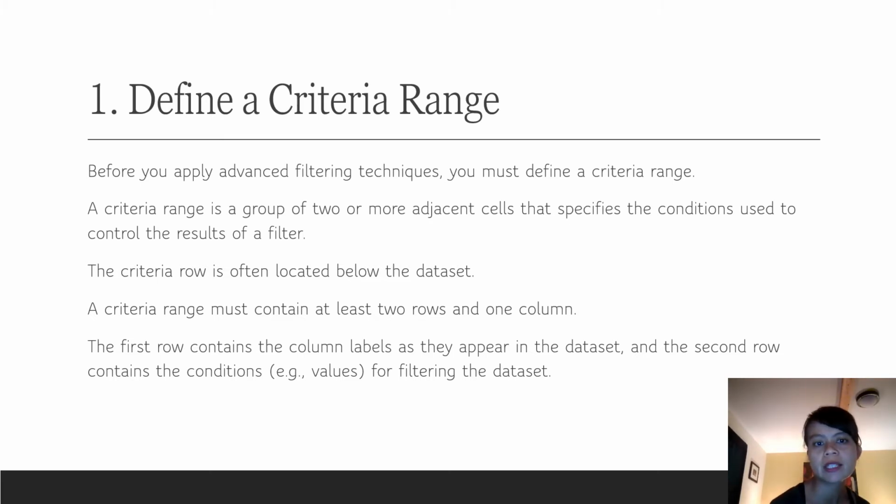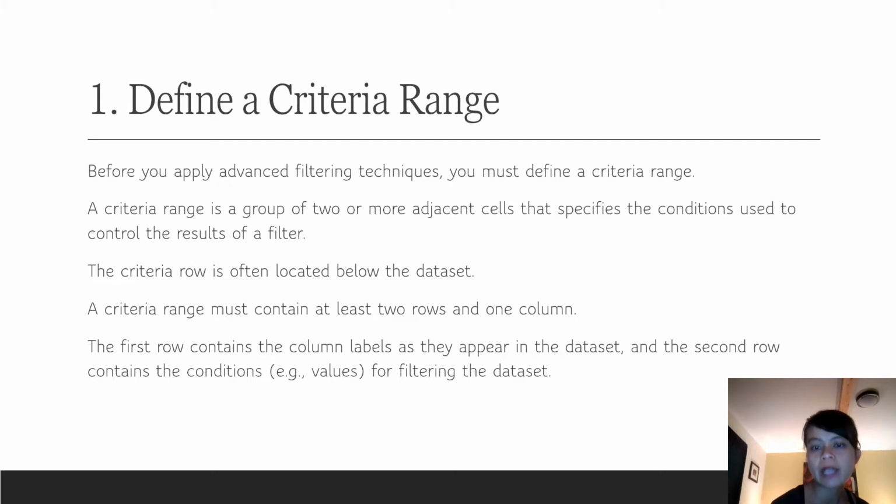So a criteria range is a group of 2 or more adjacent cells that specifies the conditions used to control the results of the filter. So it's a criteria. The example I just gave is, must be a manager and must be based in New York. So that's my criteria range. Okay. The criteria row is often below the data set. So you have all this data here, and then below it, you will have a criteria row.